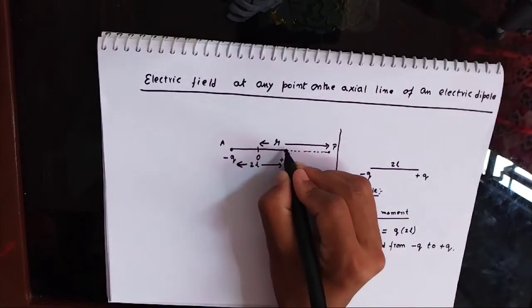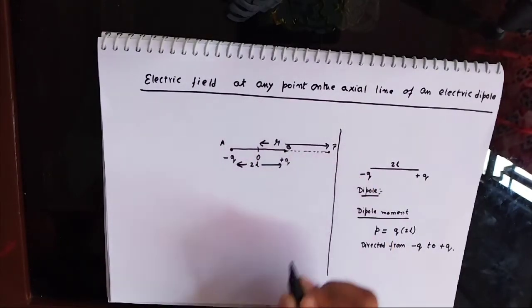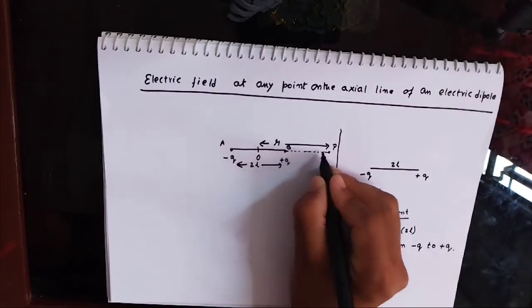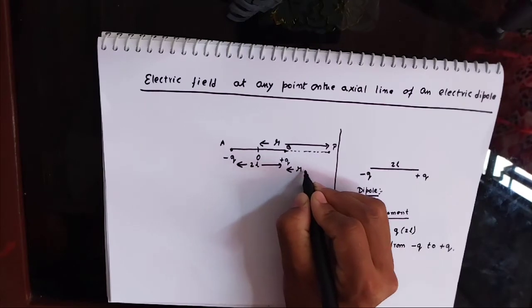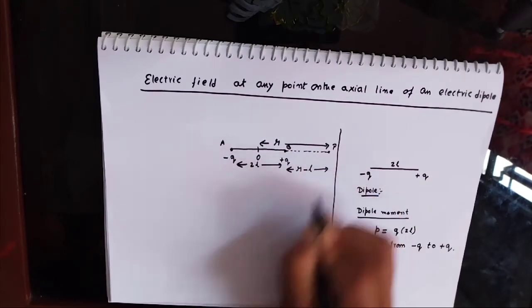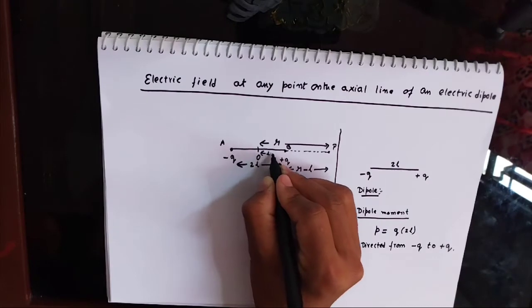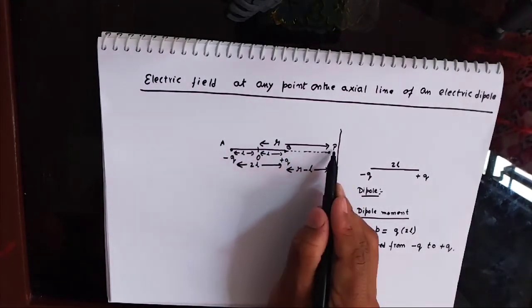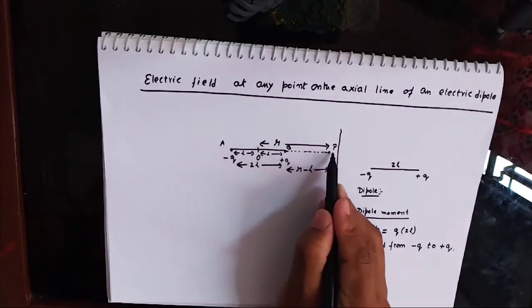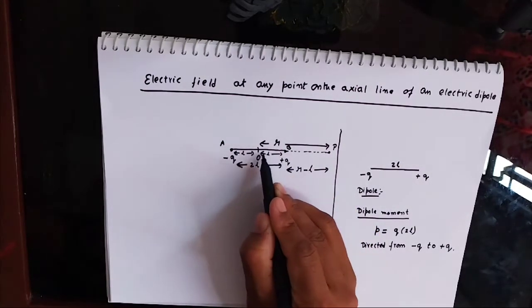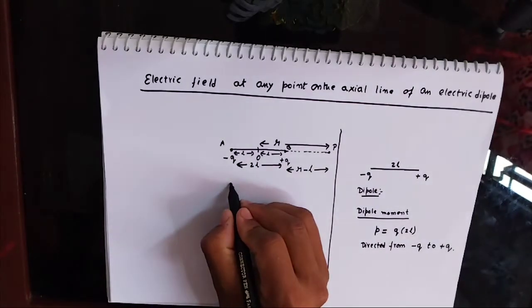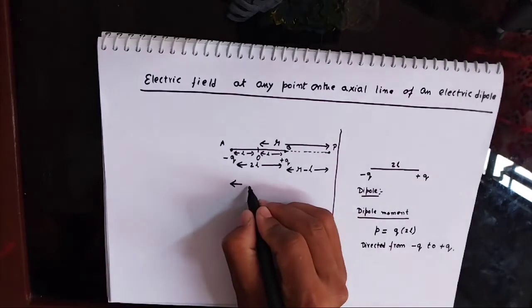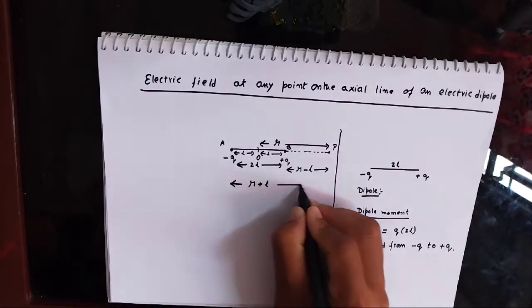If we mark this one by A and this point by B, the distance from point B to point P is r minus L, because from O to B it is L. So from O to P it is r, from B to P it must be r minus L. And the distance from the charge minus Q to the point P will be r plus L.